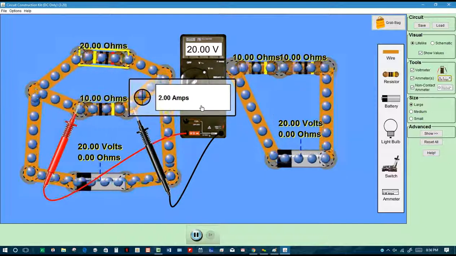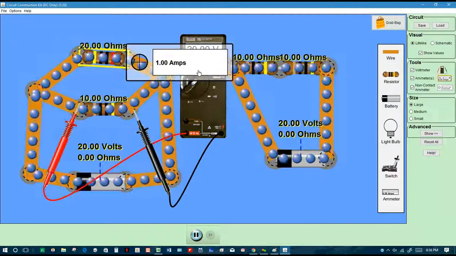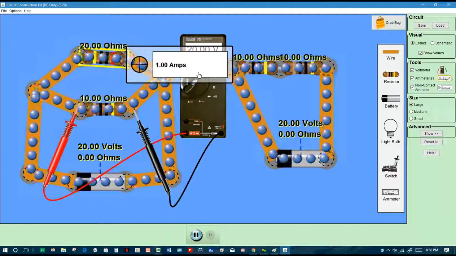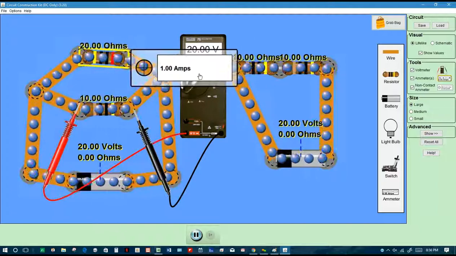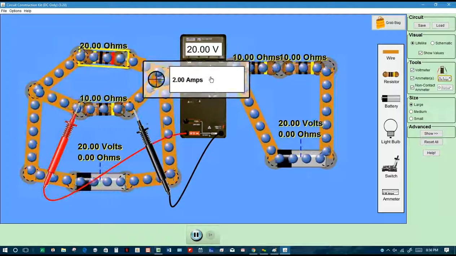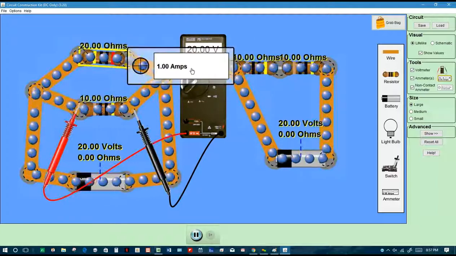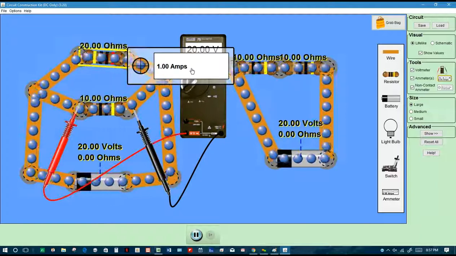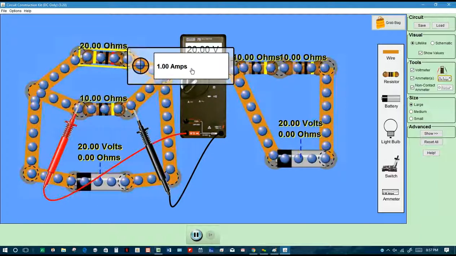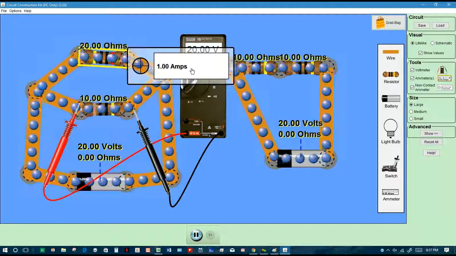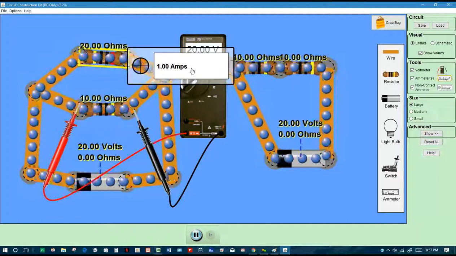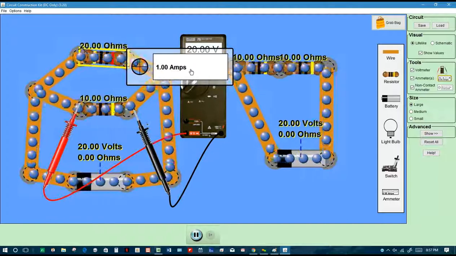Yes. And then if we needed to predict how much current would go this way, could we use Ohm's law again? Yep, we can predict that 1 amp should go along the top path. We just need to know what is the voltage of the top path. It's going to be 20 volts because that's the law, that voltage is the battery, and the battery is 20 volts, right? So we got 20 volts on the top.